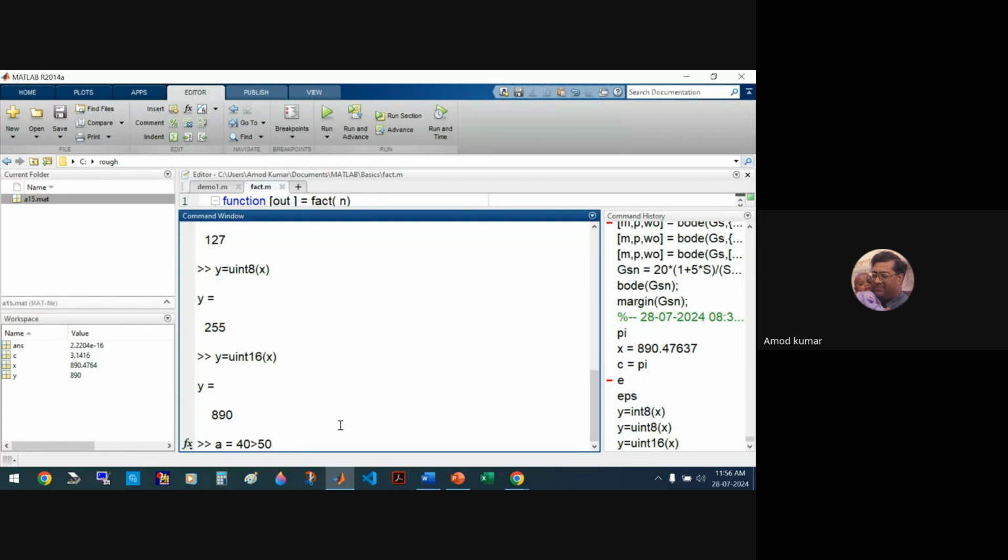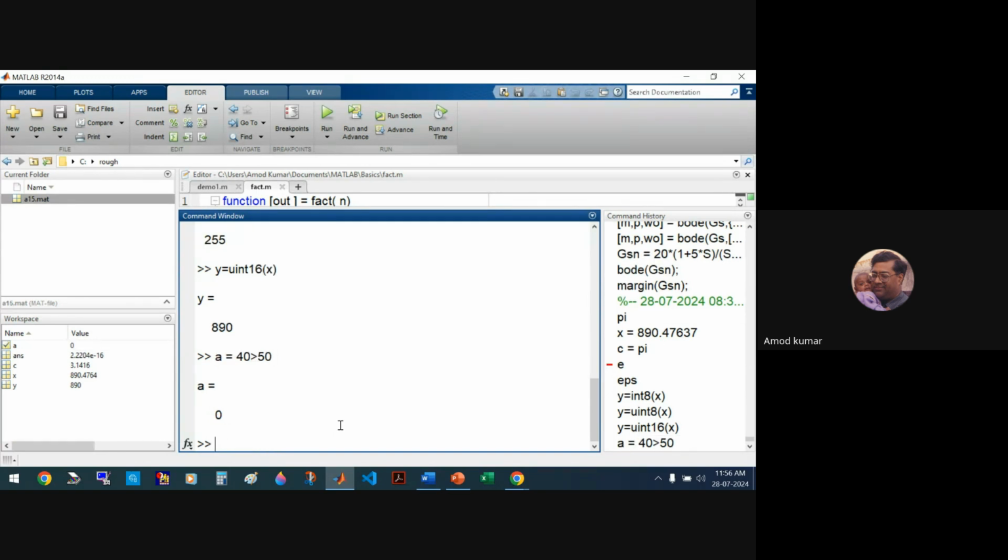Now, in this case, 40 is not greater than 50. So that means this is false. So therefore, A will be assigned equal to 0, because false means 0 for MATLAB. So just see, I am executing this instruction. A has been assigned a value 0.